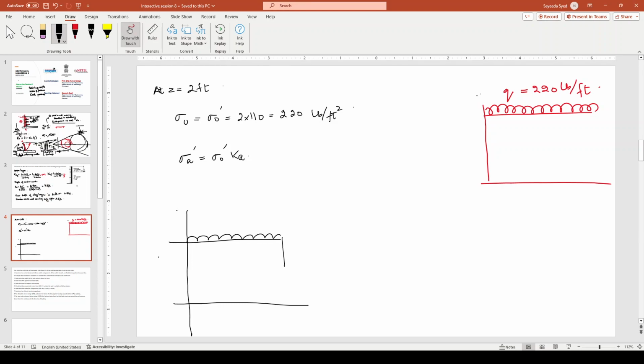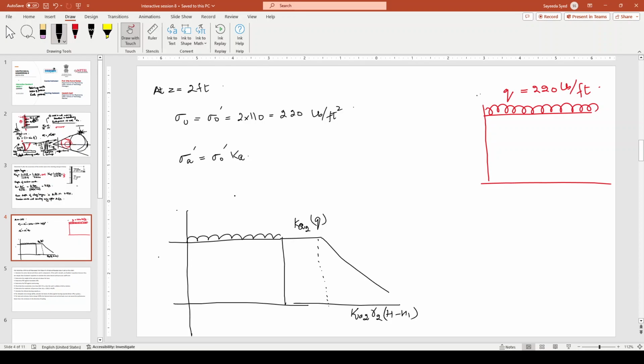So we will have Ka2 times q, and then here we will have Ka2 into gamma 2 into total height minus h1.